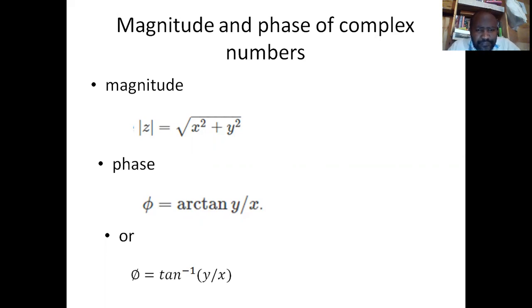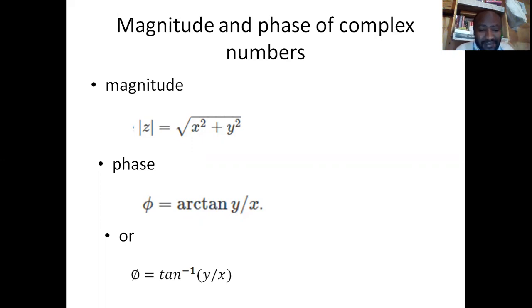Phase. Remember I said a complex number carries two pieces of information. There's the magnitude and then the phase. So how do you get the phase of a complex number? You get the arctan of the ratio of the imaginary part to the real part.